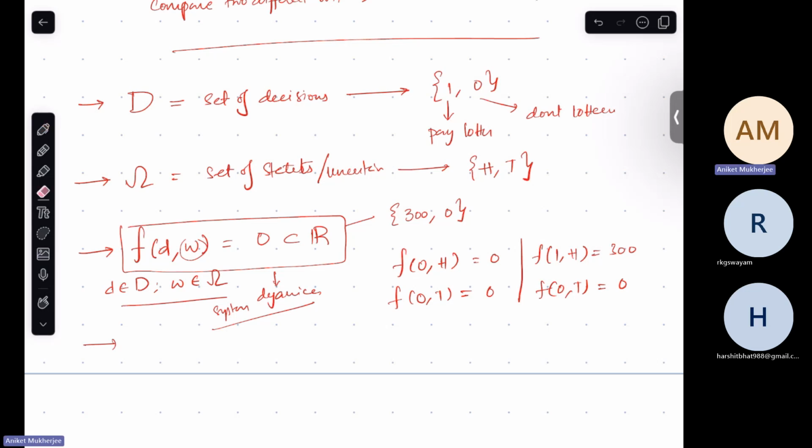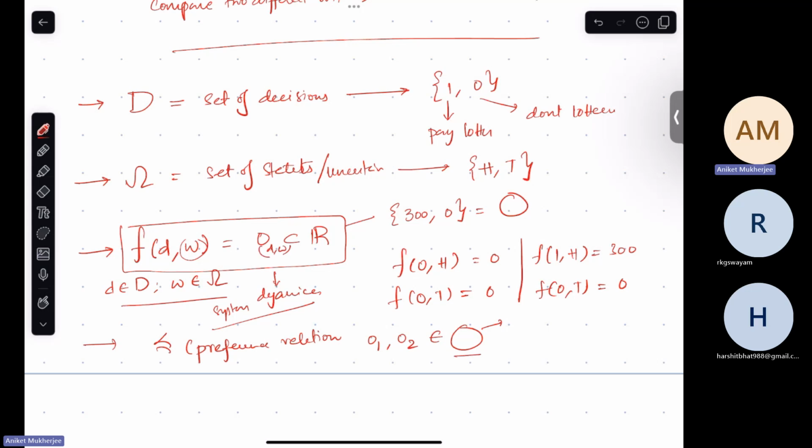The next part is now you need to find which output is better than which. So you have a preference relation. Saying, okay, if I have O1 comma O2 belonging to the set O, this O is the set of outcomes.